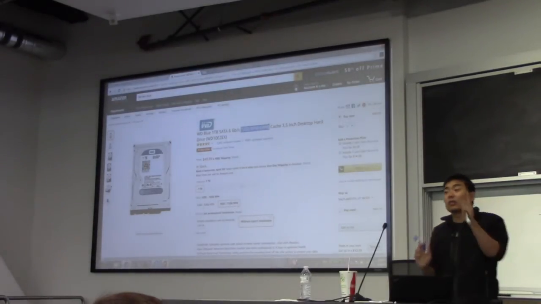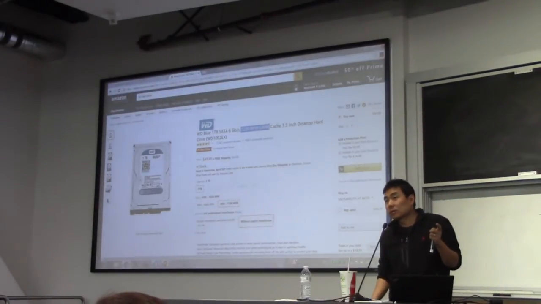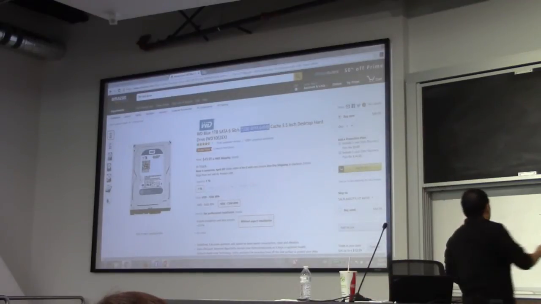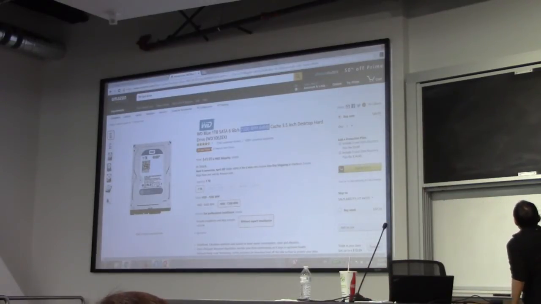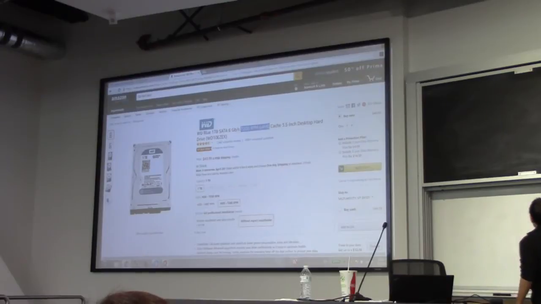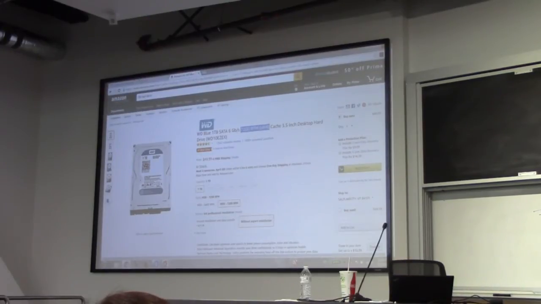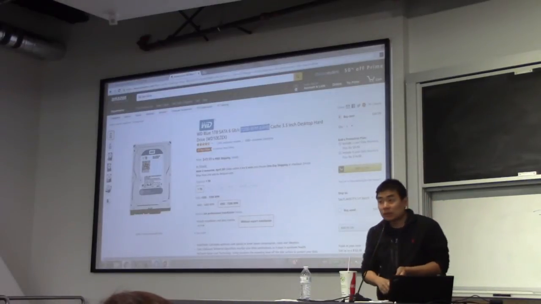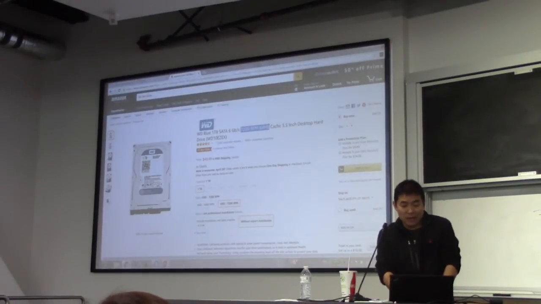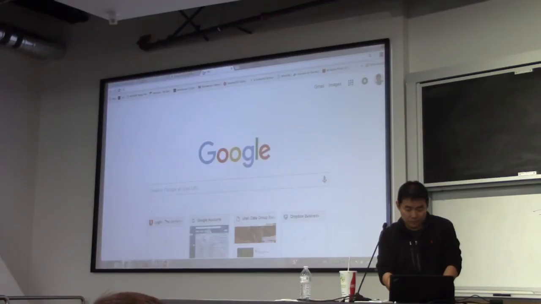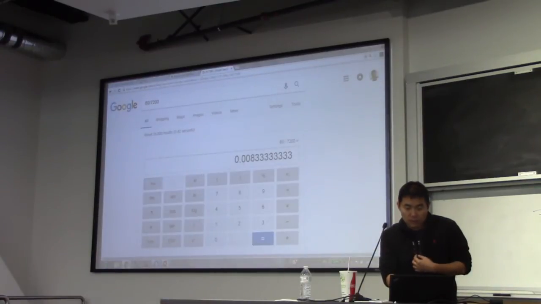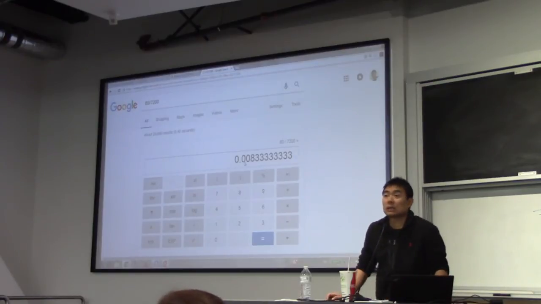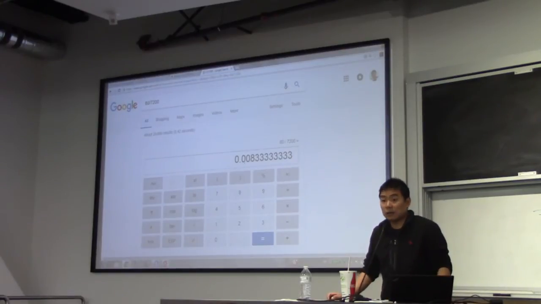Now, how long does it take to do one rotation? Essentially, 60 divided by that. That's how long it takes to do one rotation in seconds, right? Does that make sense? You do the math of that. That's about 8 milliseconds.